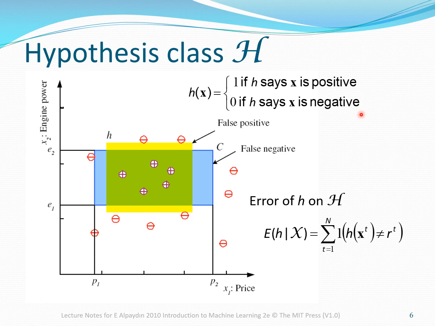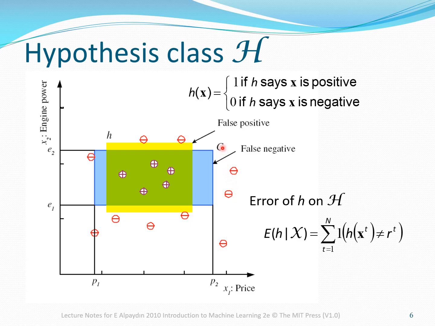The empirical error is the proportion of training instances where predictions of h do not match the required values given in X. The error of hypothesis h given the training set X is as follows. This is the equation of the error of h on X.